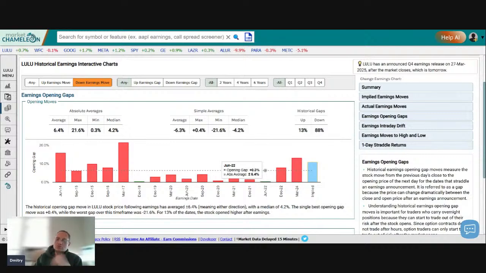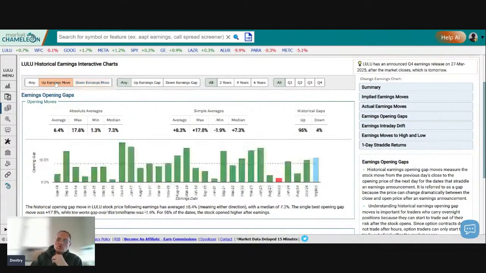Basically what this is saying is that there was a time where we opened up but finished lower on the day, but that only happened 13% of the time. Okay, there's two times here that we had a small open to the upside but finished down on the day.